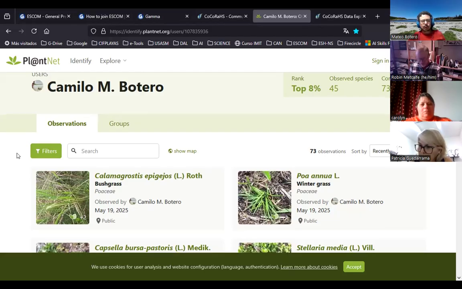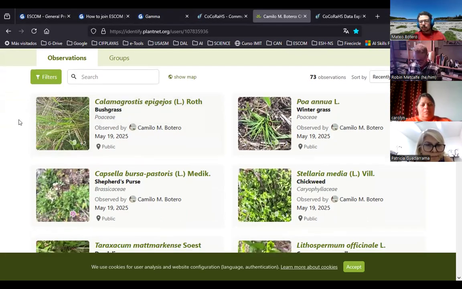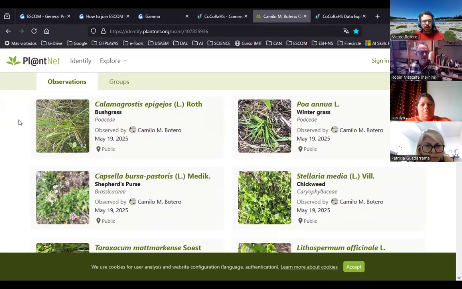But I just want to show you this one because I was on the beach 3 days ago, May 19. These were the species that I identified on the beach here in Black Dog Cove. So if any of you recognize these species, which of them do you think are native and which are invasive?